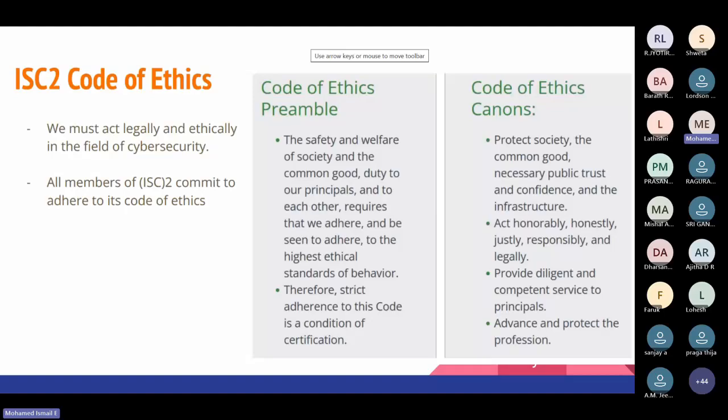Next, provide diligent and competent service to the principals. Here, principals could be your management, your company or enterprise employers. So you need to provide competent service to your employer. Then, advance and protect the profession. Since you are learning cybersecurity, you need to protect your profession by acting honestly and honorably.